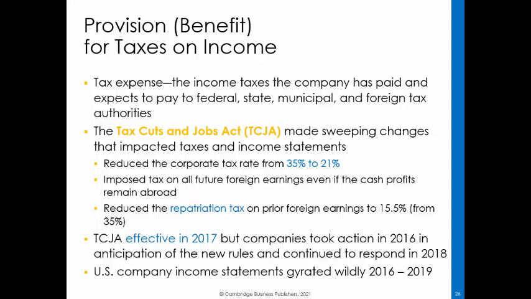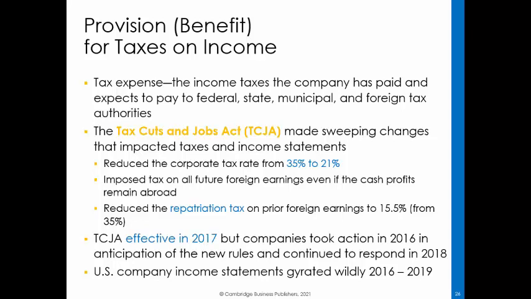In anticipation of the new rules that went into effect January 1, 2018, companies engaged in activities to manage taxes across years. Some companies reported significant spikes in tax expense in 2017, while others reported drastic decreases. More than a few companies experienced tax benefits, which served to increase reported profits.